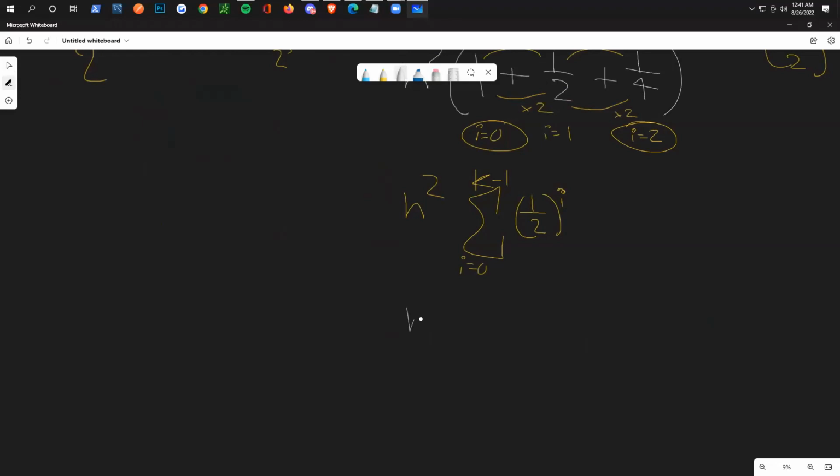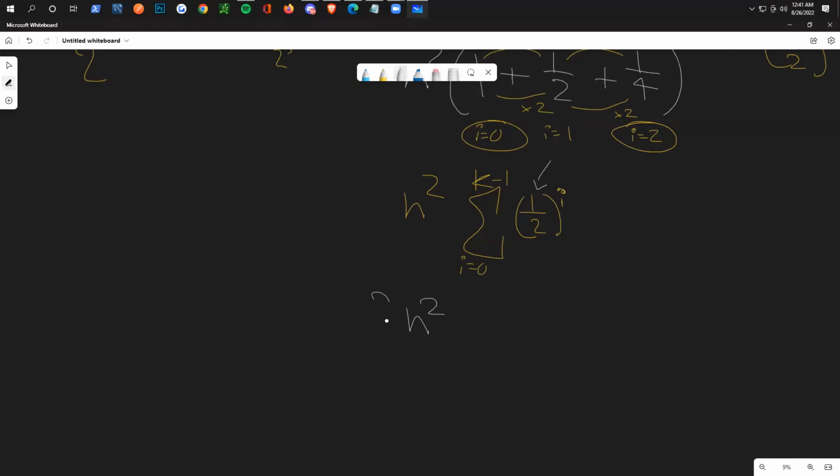So let's just rewrite this as an infinite sum. Remember, whenever this term right here is less than 1, then you're just going to convert it to infinite. Use that formula I mentioned. And like we saw, this is equal to 2.